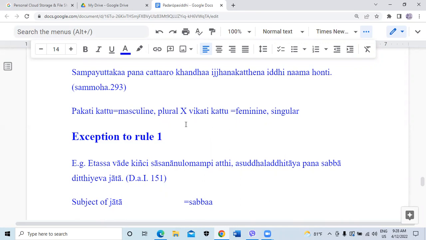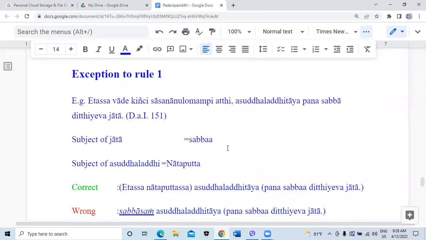Okay. So let's go on. So it is our day. You see, there is no genitive or dative in this sentence, or a locative, you see, locative.